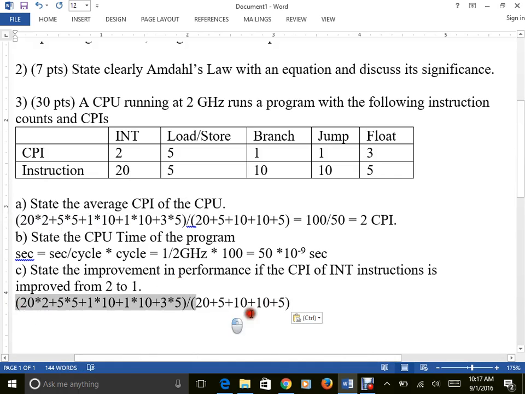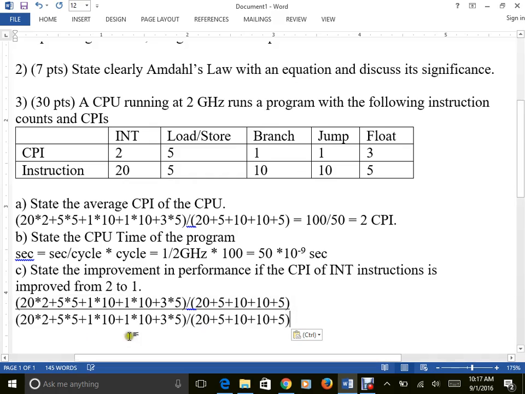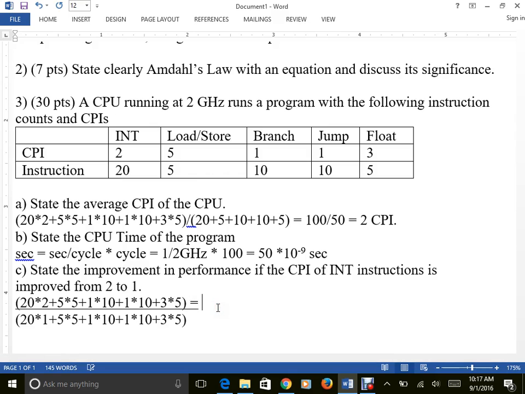So you have the original equation here, and then you have the same thing here, except you're changing it from 2 to 1, right? Well, you can see really quickly that these go away, since they're the same. So we also knew that up here that this was equal to 100, right? And so this is equal to, well, subtracting 20, so it just becomes 80.